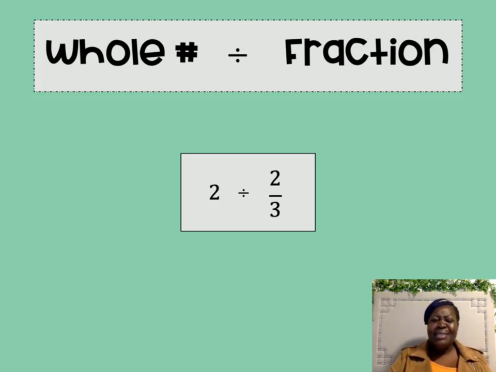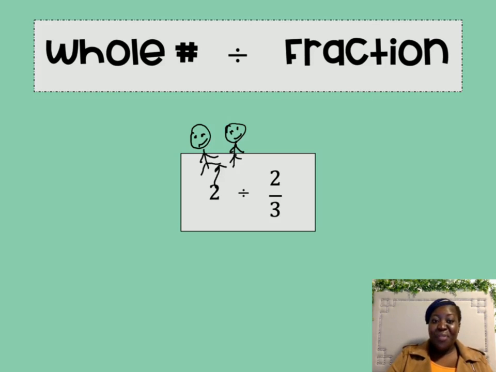But what does this really tell us? Let's think of a scenario. This whole number is telling us that we have two people, could be two siblings, two cousins, two friends. We have two people. That represents our whole number.